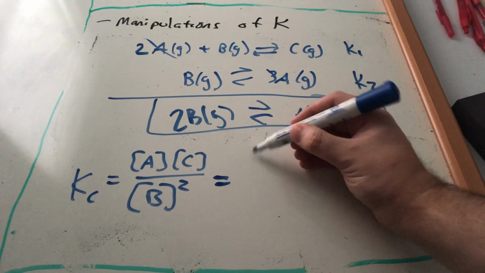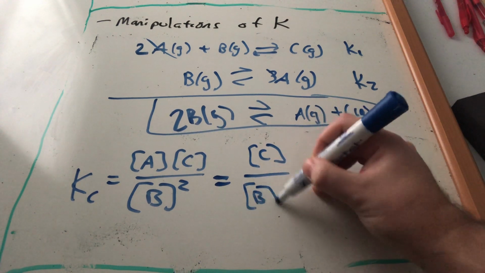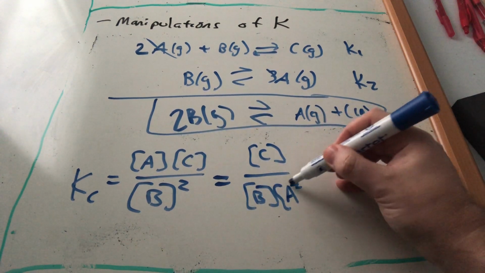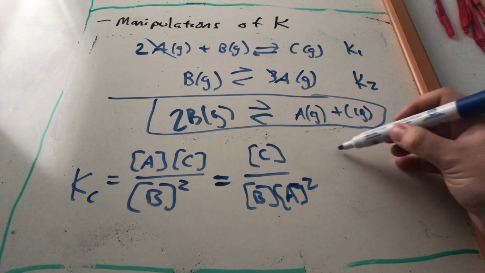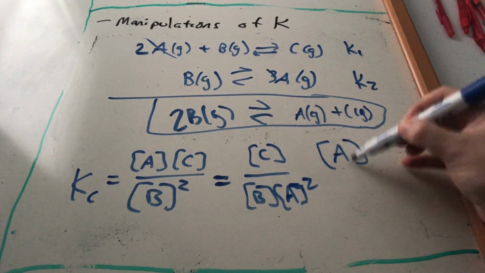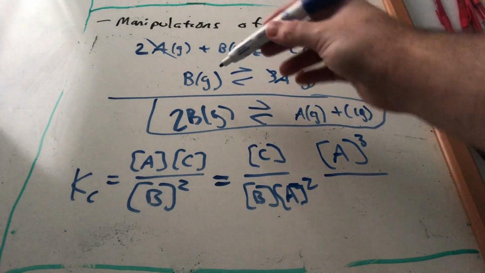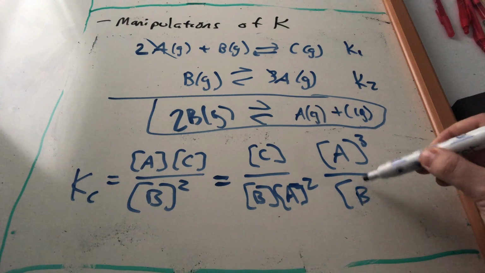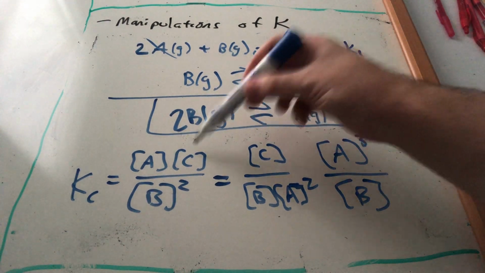Well, K1 is going to look like C over B times A squared. K2 is going to look like A to the third, before we canceled, that was a 3 there, over B, right? And if you look at what happens here, the C comes here.